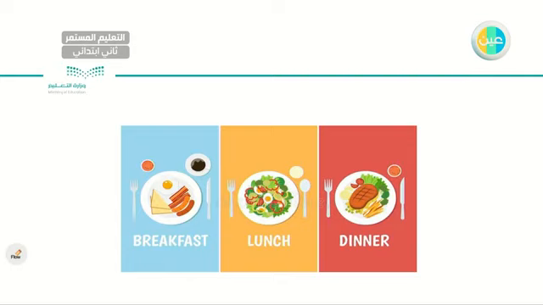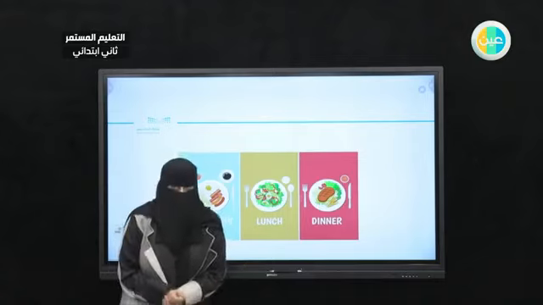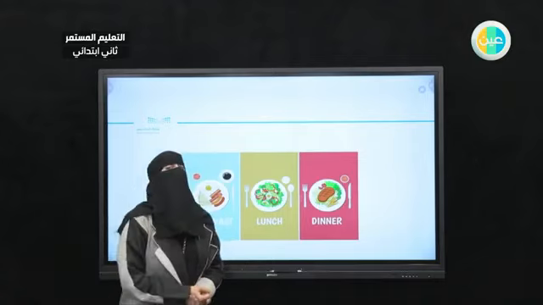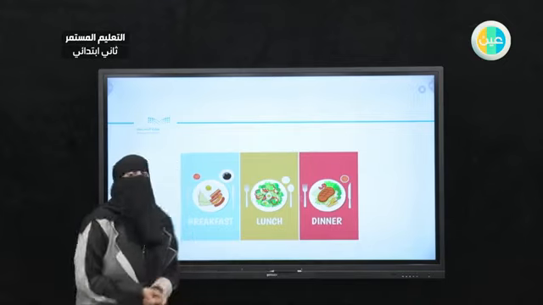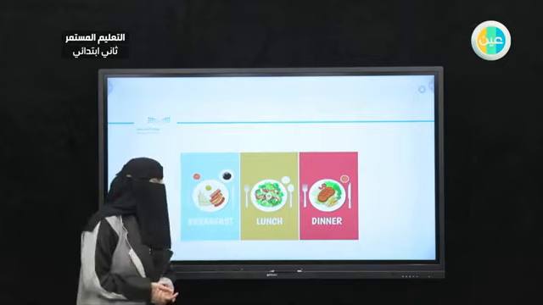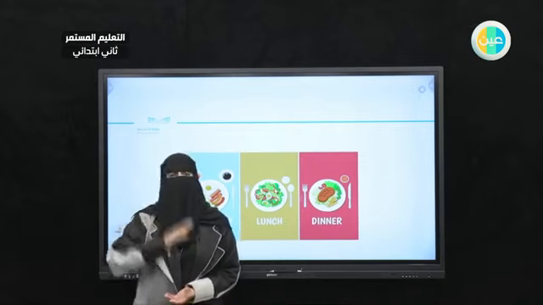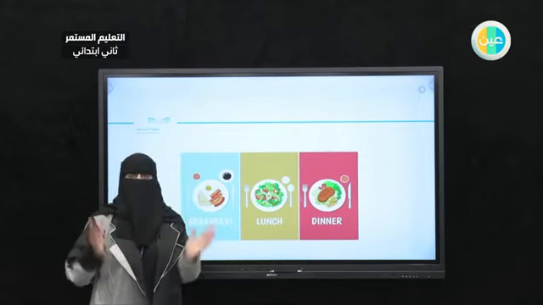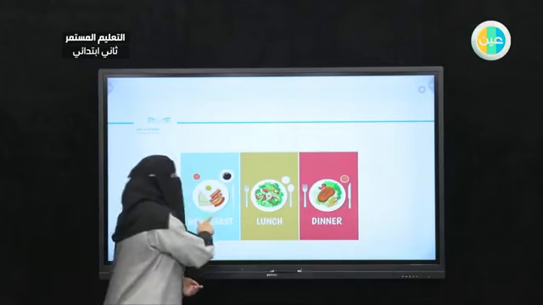Normally we eat breakfast at what time? If you remember the first unit, we eat breakfast in the morning. Very good. Lunch in the afternoon, dinner normally in the evening.